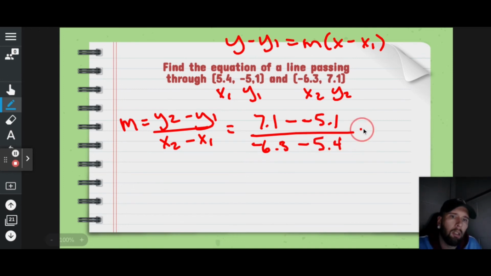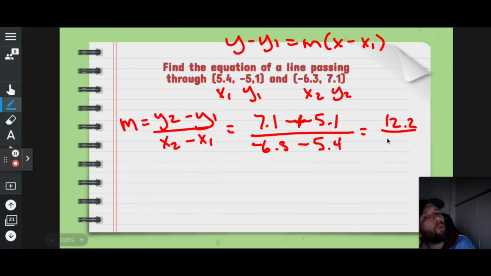All right, that's a double negative, so let's make it a positive. 7.1 plus 5.1 is 12.2. Negative 6.3 minus 5.4 is negative 11.7.